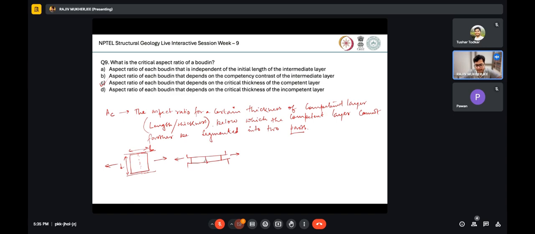So critical aspect ratio will be governed by the thickness of the competent layer, because thickness times the aspect ratio will be the length of the Boudin, right? So given a certain length and a certain thickness, the aspect ratio will be determined by how much stress is required to generate newer segments from the given layer.